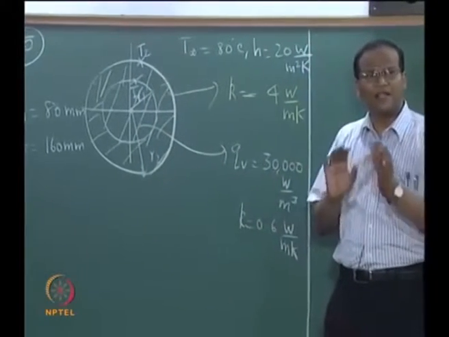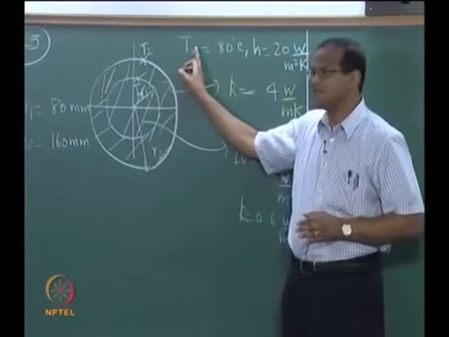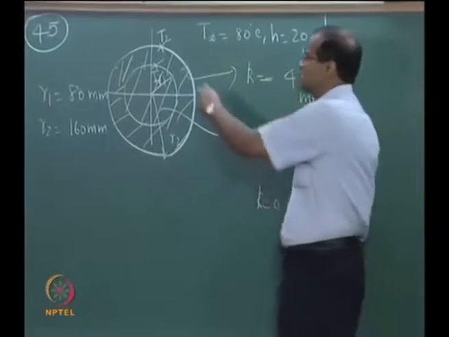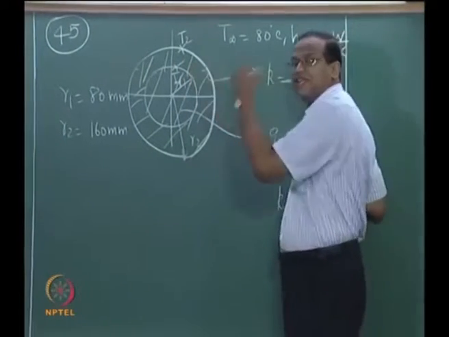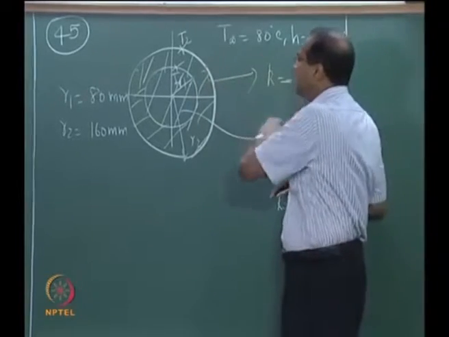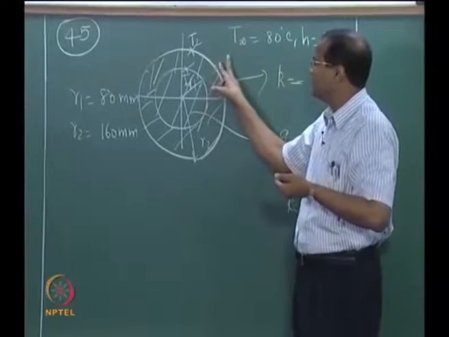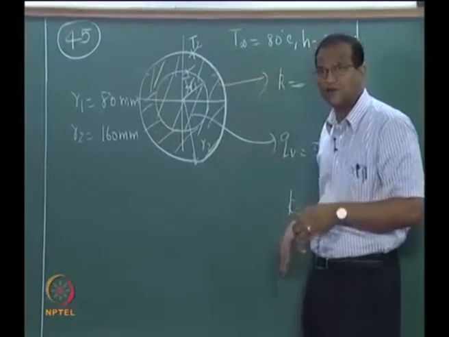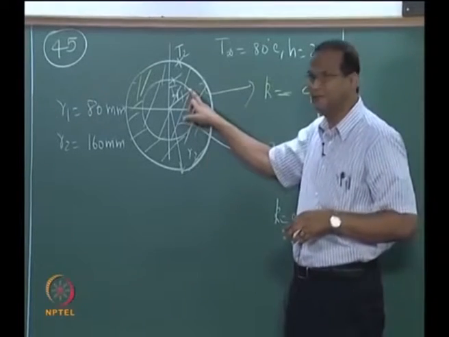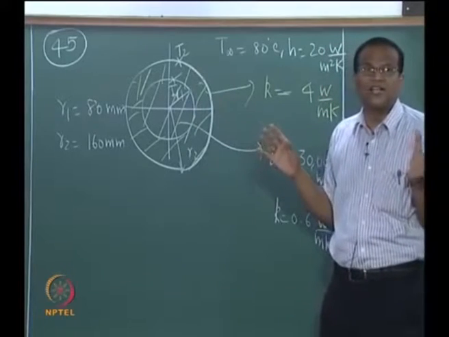We can write the relationship for Q equal to T1 minus T infinity divided by the sum of two resistances. What are the two resistances? There is a conduction within this sleeve or the tube, plus there is convection here. When you write that, T1 and T infinity is known, all the other things in these resistances are known, H everything is known. Now, this must be equal to Q. So, if you have to find out T1, you need to know Q, but Q is not such a great thing that we do not know.